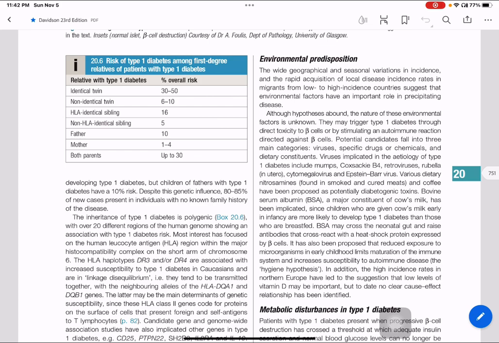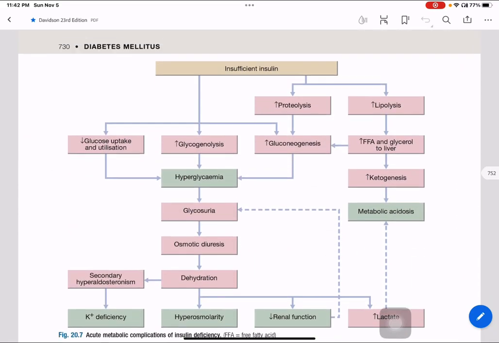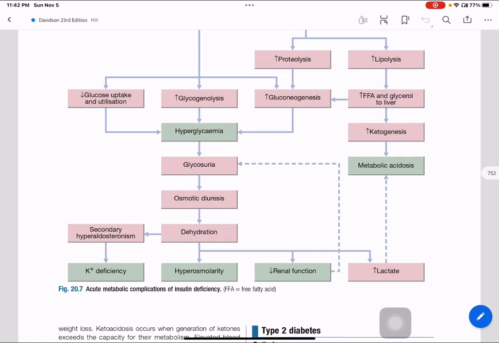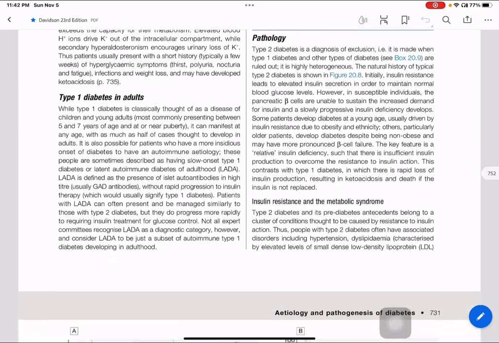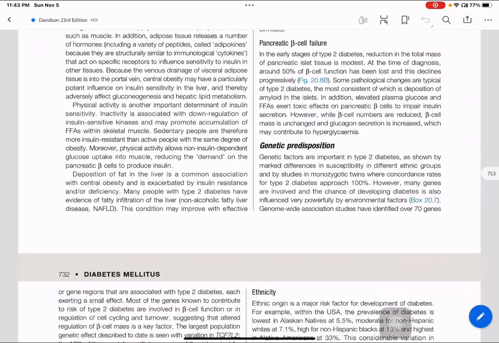There are some environmental and metabolic factors. In case of type 2 diabetes mellitus, this is actually an insulin resistance diabetes mellitus. Insulin resistance diabetes mellitus is type 2 diabetes mellitus.